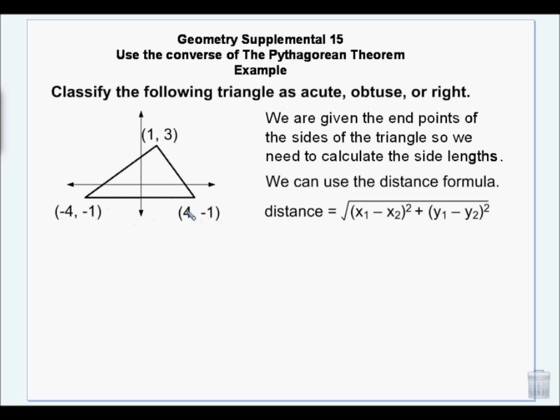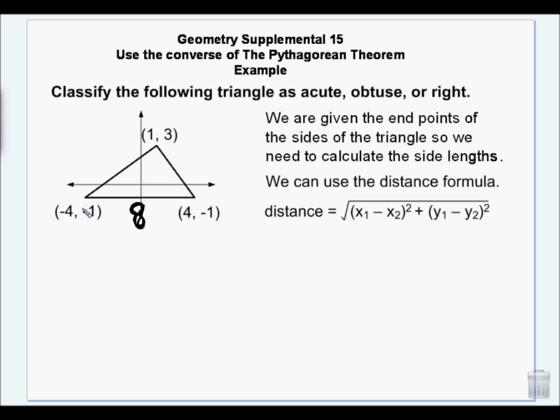I just do 4 minus -4, or the distance between -4 and +4, it's 8. Because if I go from -4 to 0, that's 4, right? And then from 0 to 4 is 4 more, so the length is 8. But now I'm going to have to find these other lengths using the distance formula.